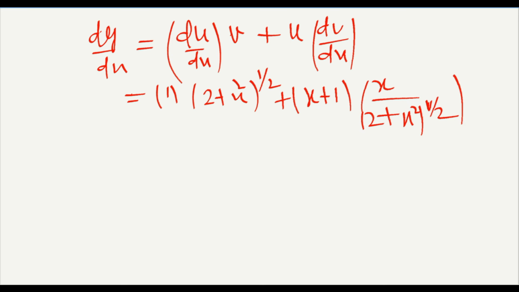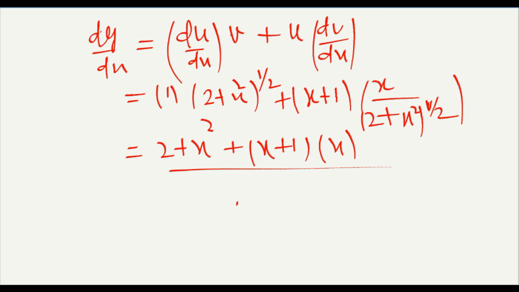So you solve this total function and you get the answer. So it should be 2 plus x square plus x plus 1 into x upon 2 plus x square raised to power 1 by 2.